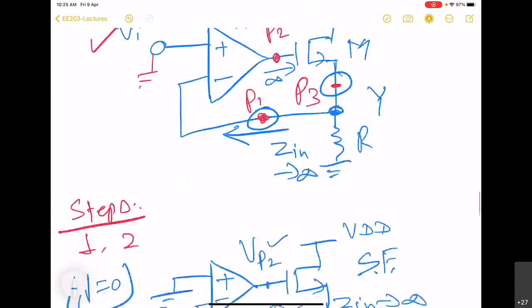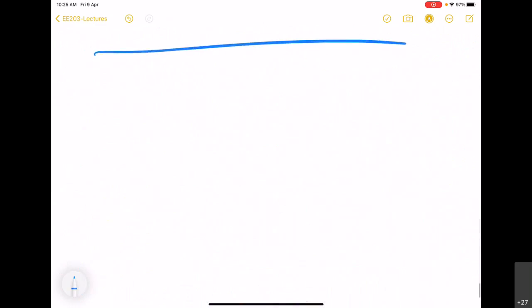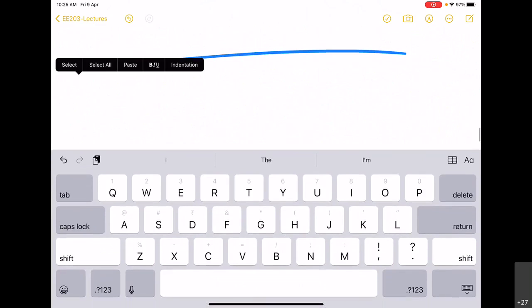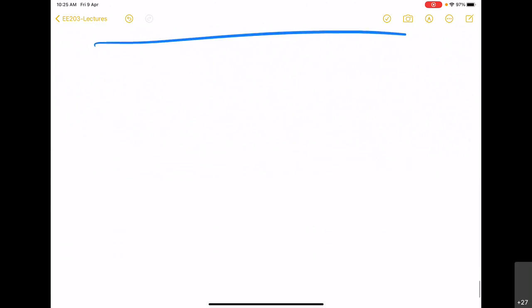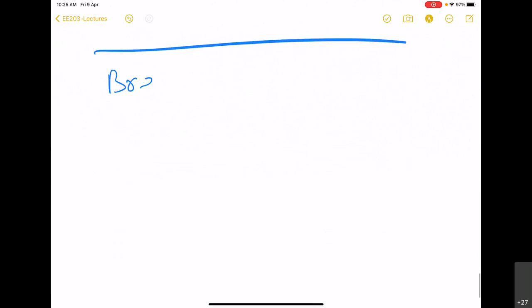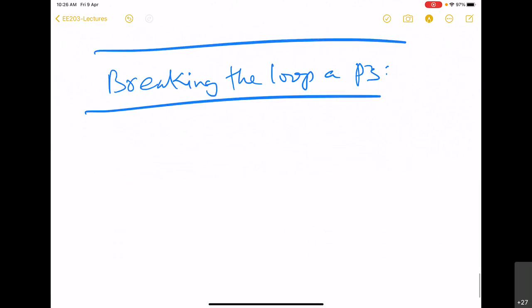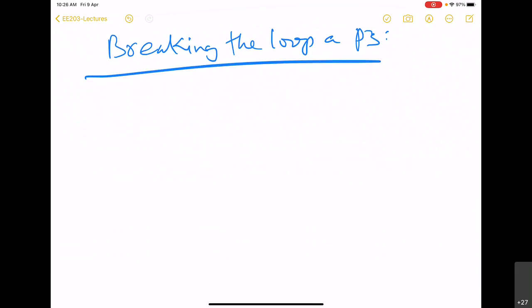So if we break the loop at P3, then what we get is this circuit.